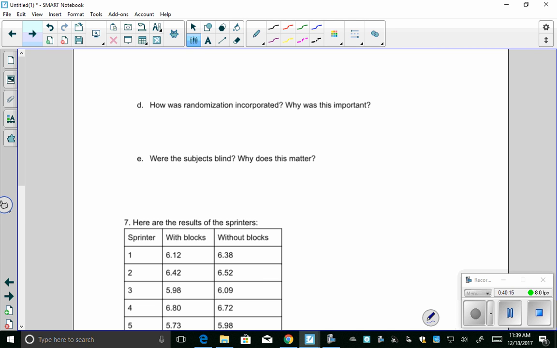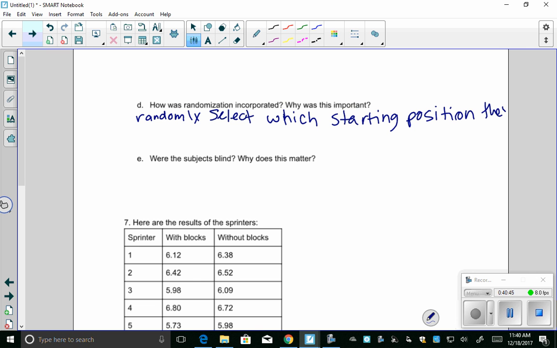You could randomly select which starting position they use first.